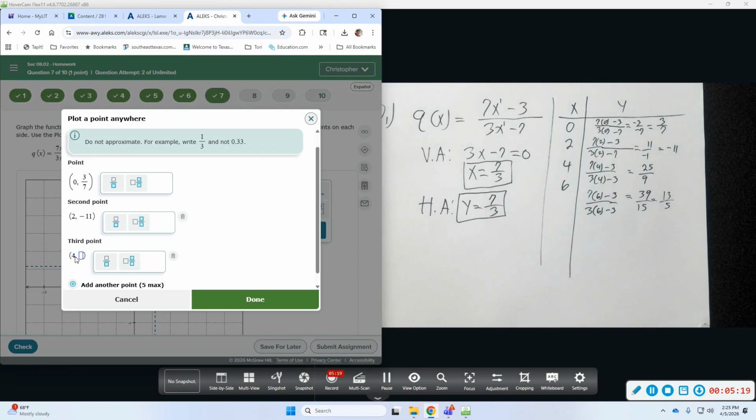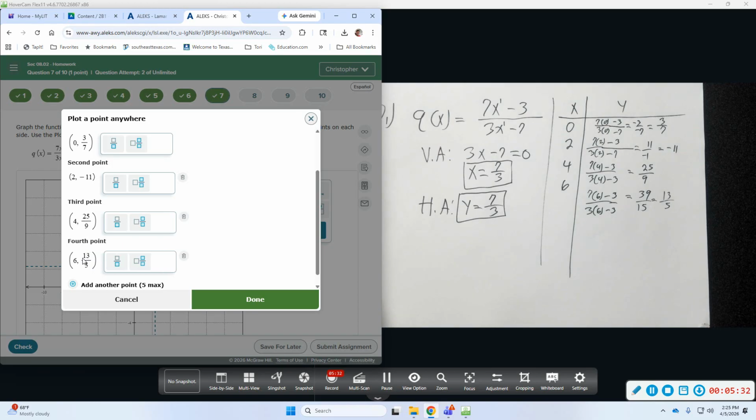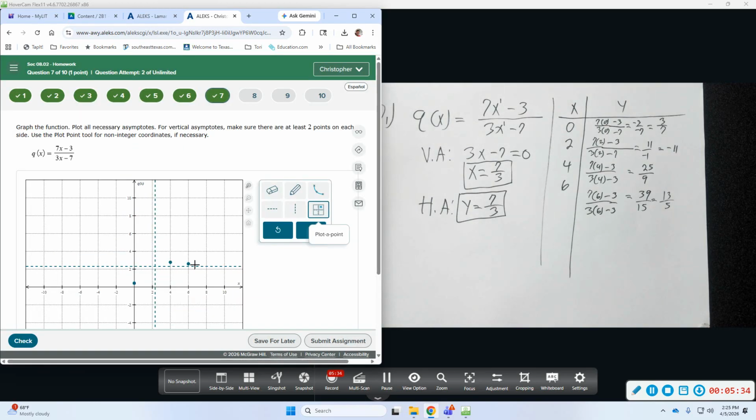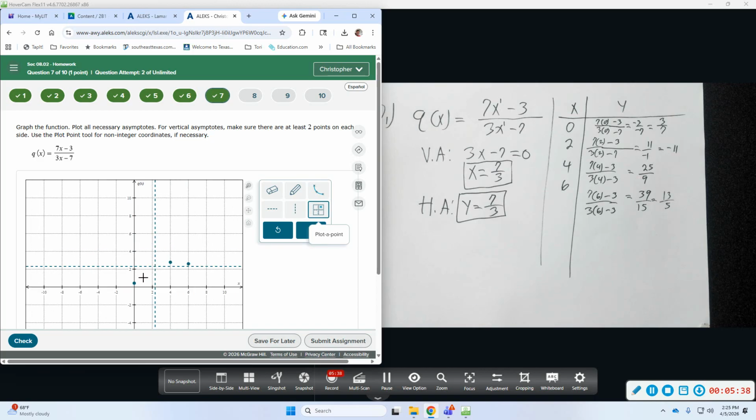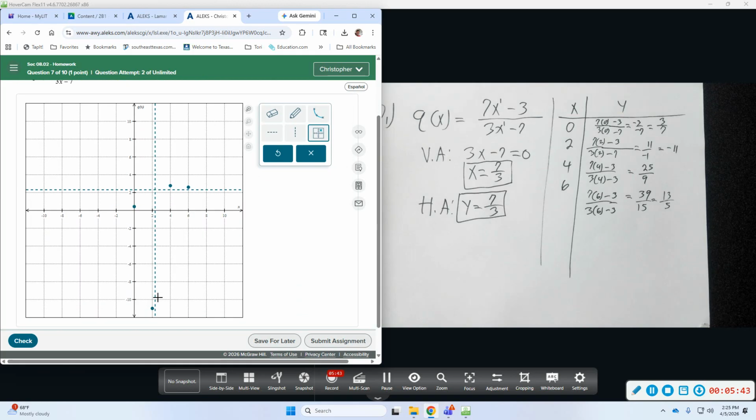We're going to do 4 and 25 divided by 9. We're going to add one more point, and that's going to be 6 and 13 over 5. So it plots the points. Other points way down here. So I'm going to tell it to graph the function.